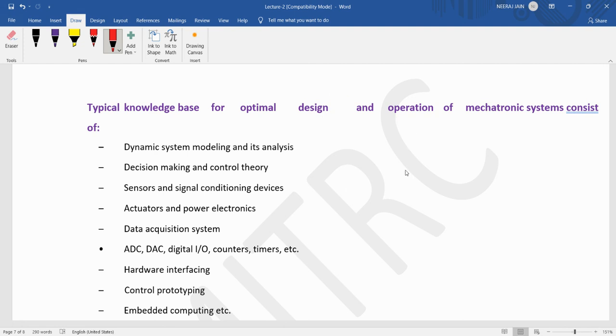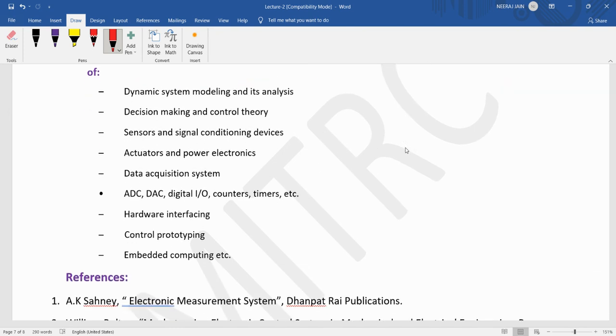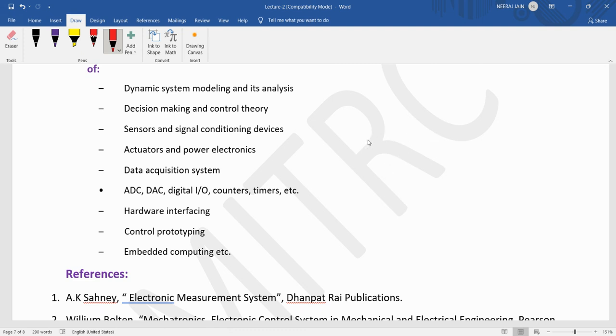The typical knowledge base for optimal design and operation of the mechatronic system consists of dynamic system modeling, decision making, sensor and signal conditioning, actuator and power electronics, data acquisition system, ADC and DAC cards, timer, counter, hardware, software, and embedded system, which is recently widely used.